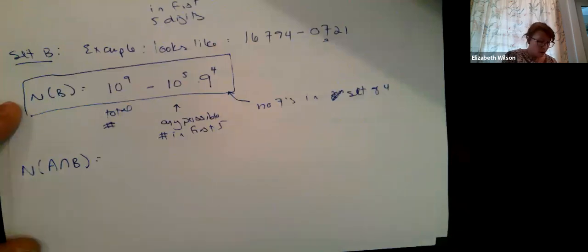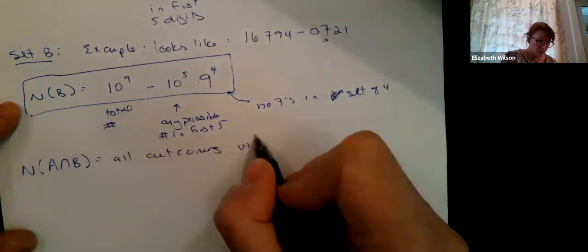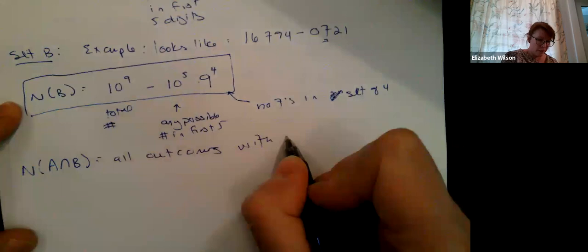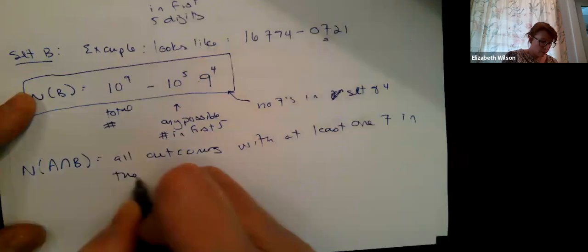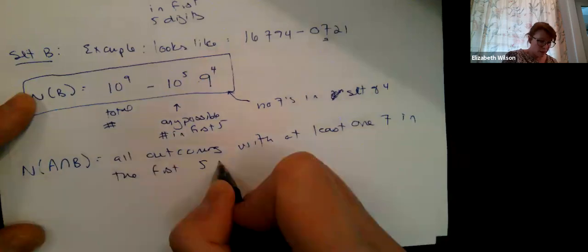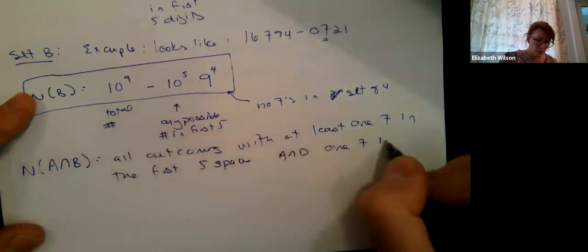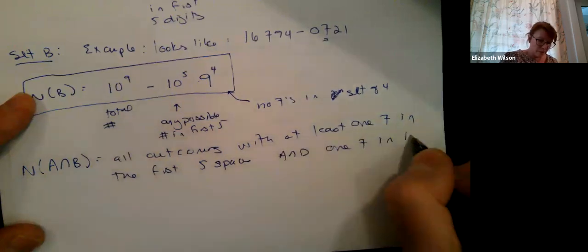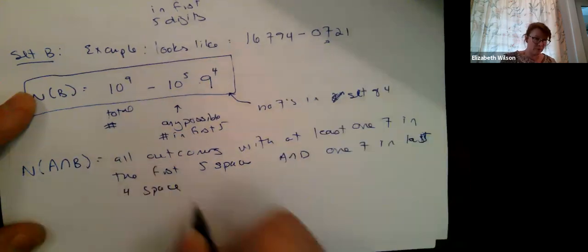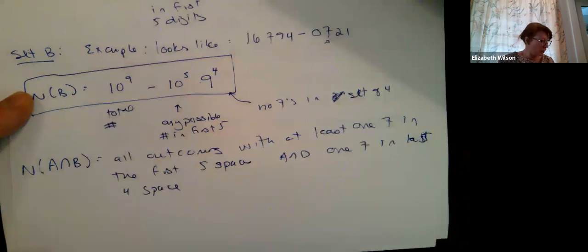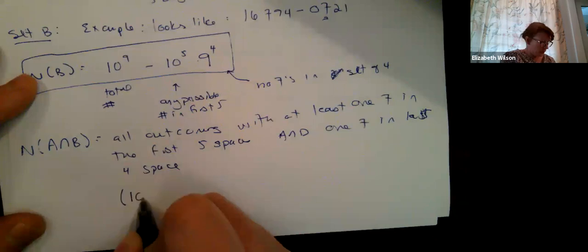So this is all outcomes with at least 1 7 in the first 5 spaces and 1 7 in the last 4 spaces. Okay, so that's going to look like, right, my first 5, I'm going to go, this is 10 to the 5 minus 9 to the 5.